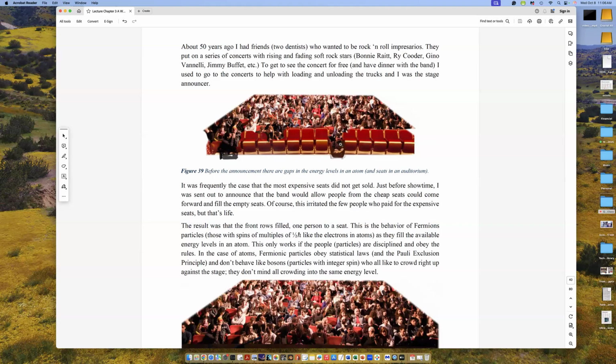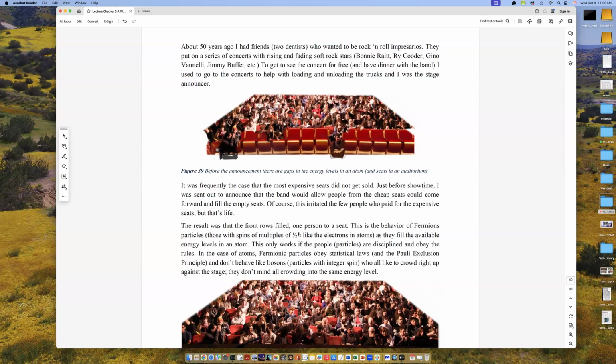Now, this, of course, made the people who had purchased the expensive seats frustrated, but this is what we did occasionally anyway. And it was an orderly progression. I'm trying to think if we did something like pick a number or something. So we picked people out of this crowd to come down and occupy these seats.